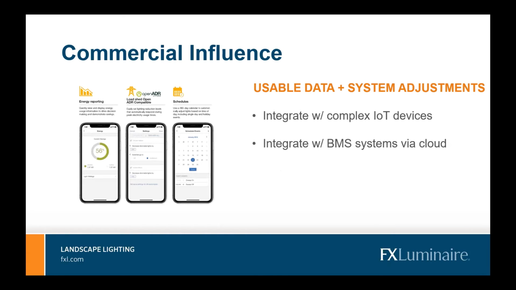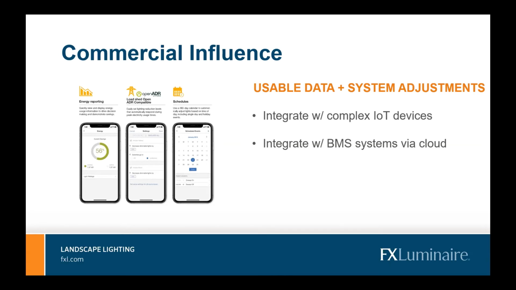From the commercial side, we want to make sure that we can produce data, but we also want to make sure that data is usable, so that we can make system adjustments. In order to make this happen, we need to be able to, at a very minimum level, integrate with some type of complex IoT devices, whether it be motion sensors or occupancy sensors or whatever it may be.